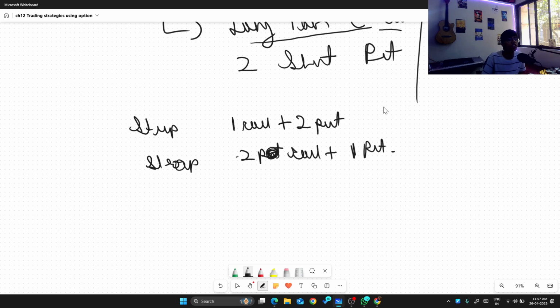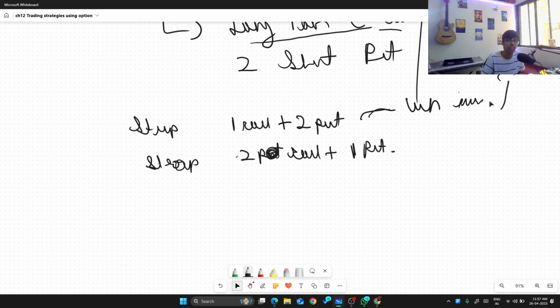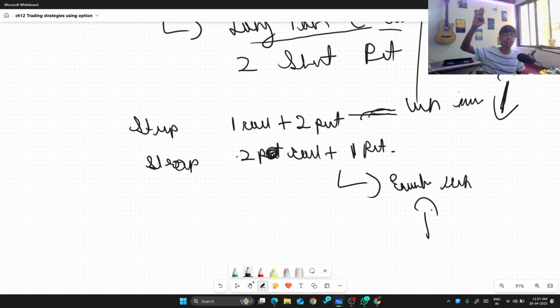The strip is used when the investor thinks the price of the stock would decrease drastically, so to earn more profit the strip is used. The strap is used when the investor thinks there will be a large price change, the price would move upward, and to earn money the strap is built.